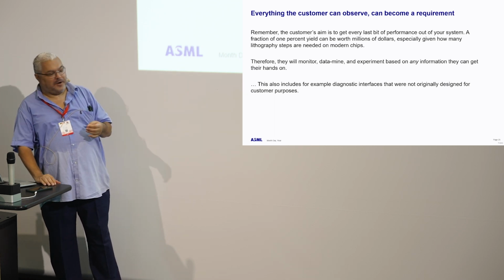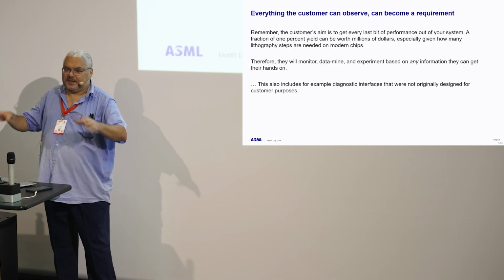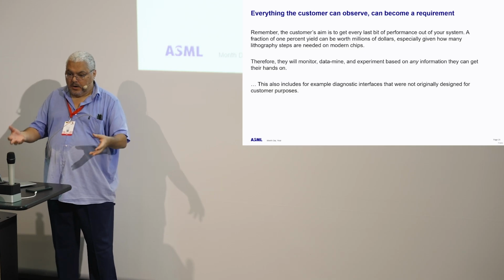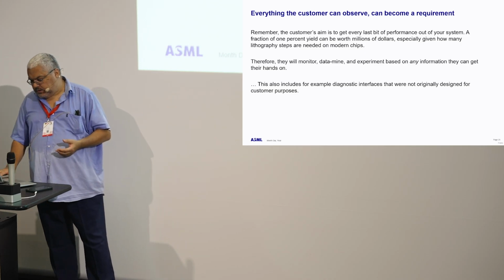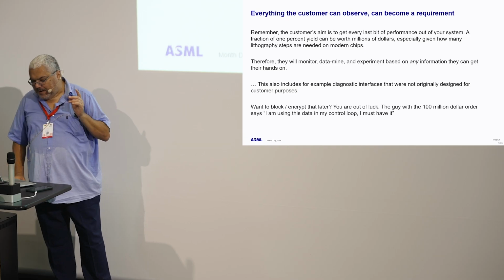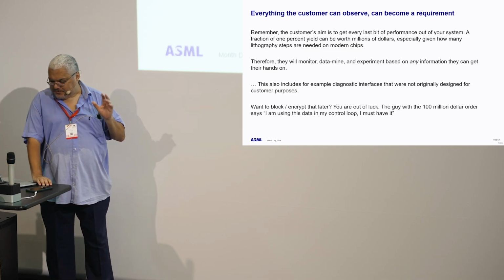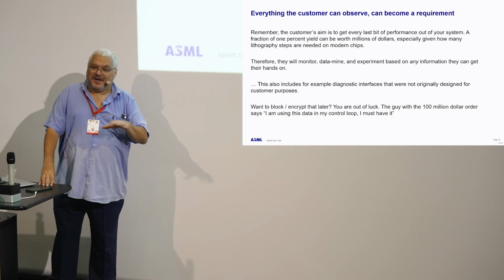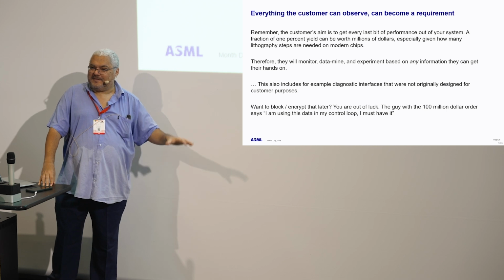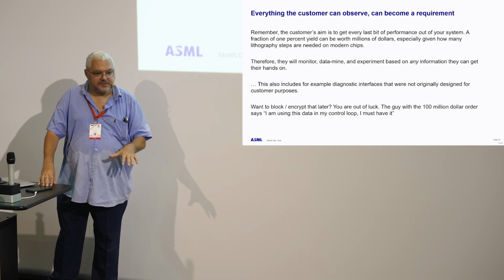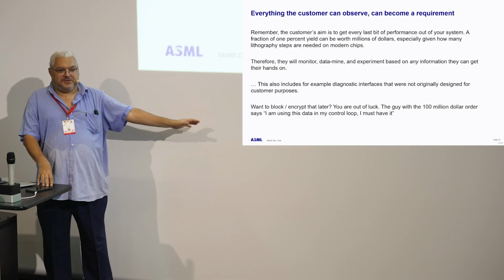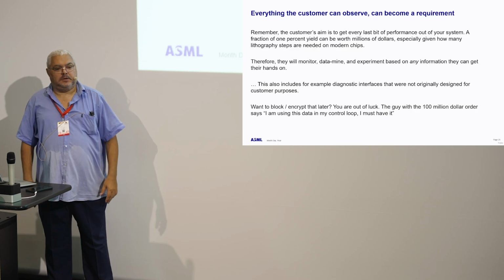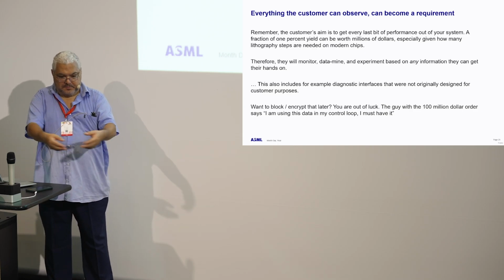Later, we change our software architecture and we say, well, we want to change some of that diagnostic information because it's like intermediate results, things that now are calculated differently. And the customer says no. Whether you want to block it, encrypt it, change it, whatever, they're the guys who say, no, I already have a fab that is working, I'm using this data, my old systems are producing this data, your new system, yes, it costs 100 million euros, I'm not paying for it unless I have this information.